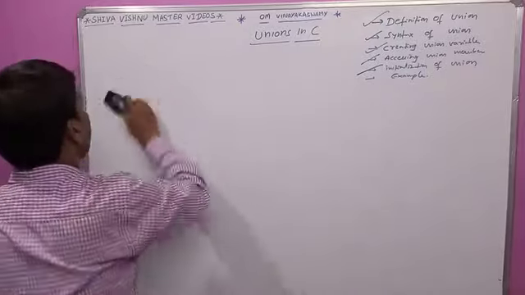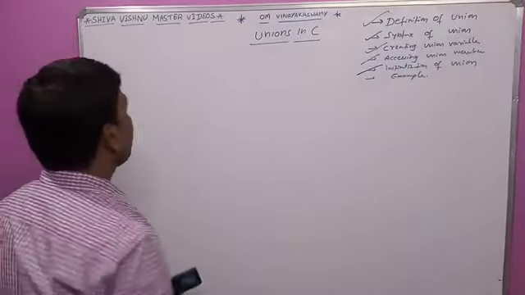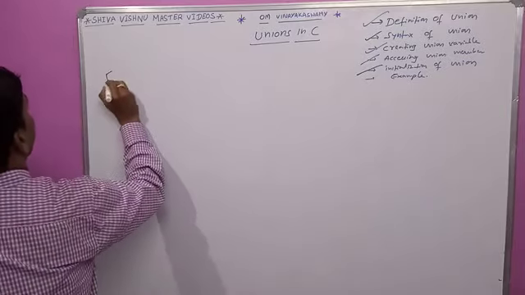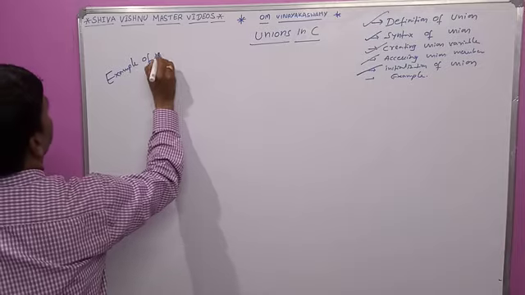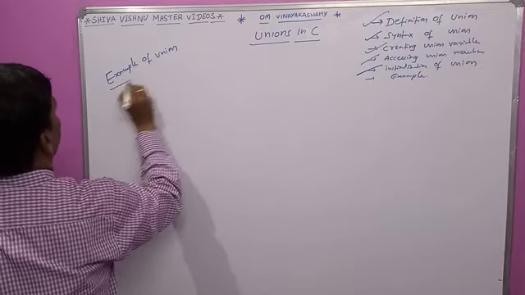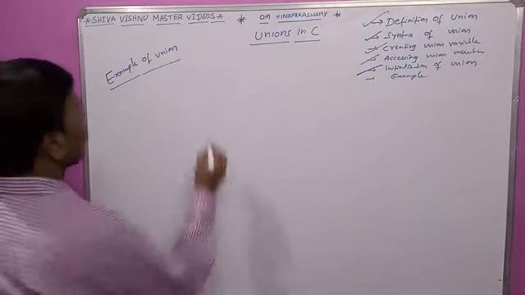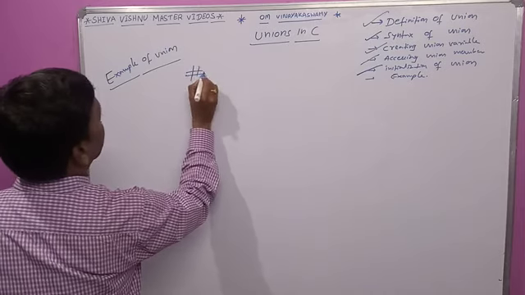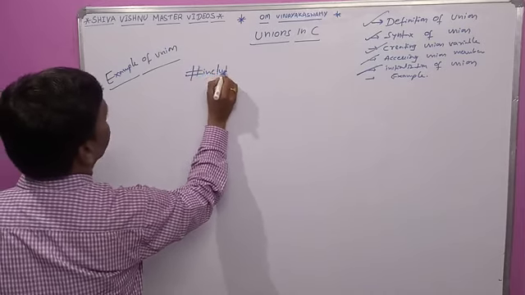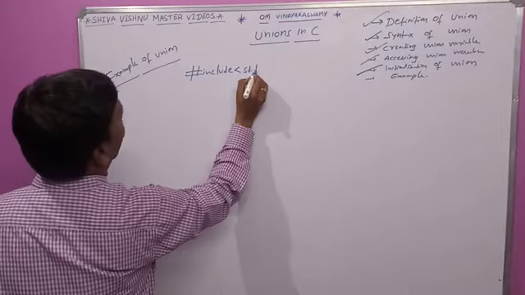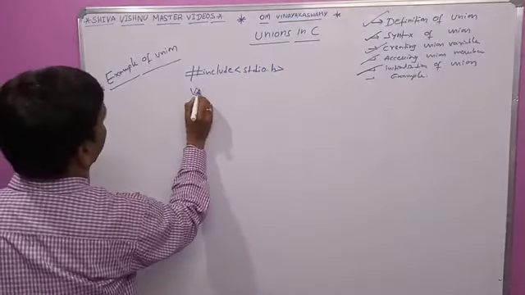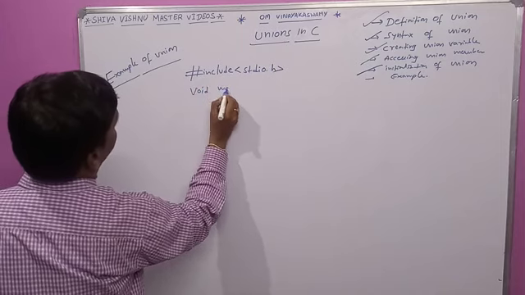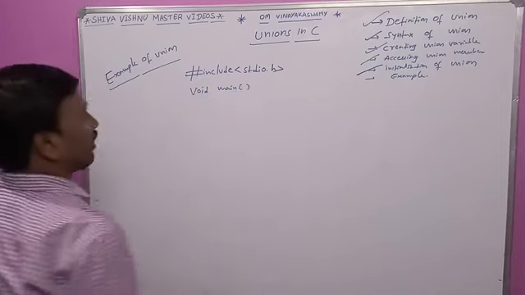Here you can see one example program, an example of union. Include stdio.h, the standard input output header, then void main function.